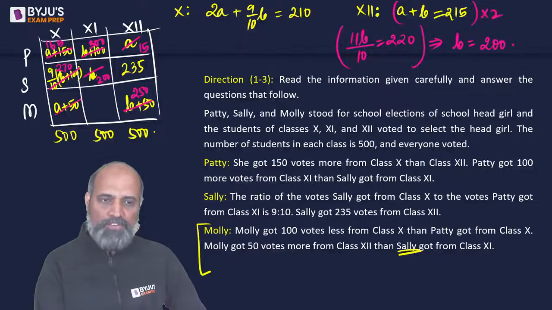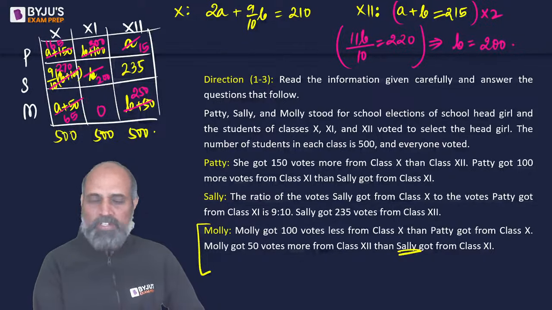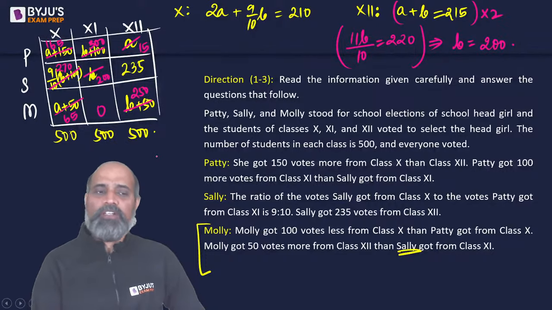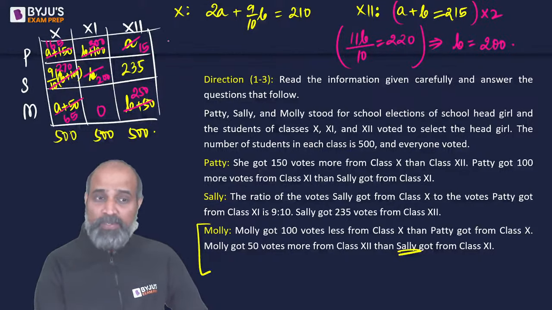And A is 15, so this is 65. 300 plus 200 is 500. 165 plus 65 is 230 plus 270 is also 500. 235 plus 15 is 250, and 250 plus 250 is also 500. Polly has received total votes of 165 plus 15, which is 180, plus 300, which is 480.